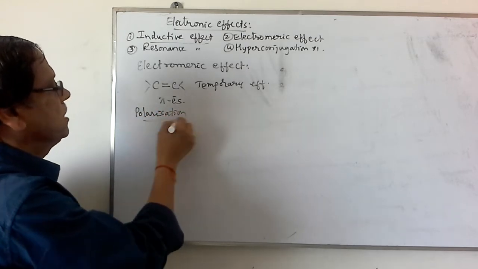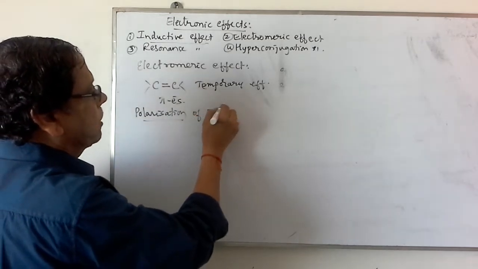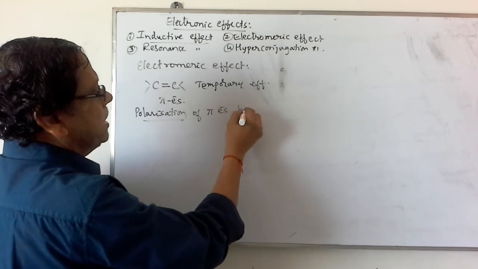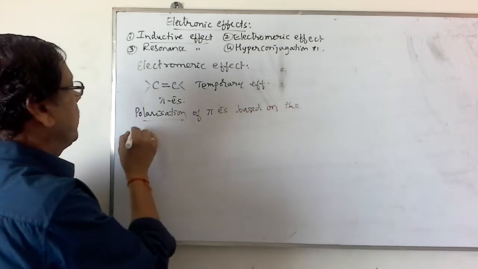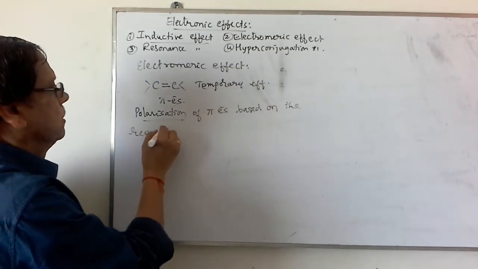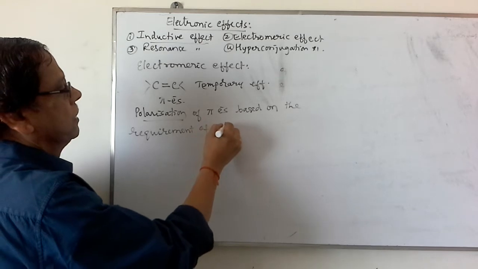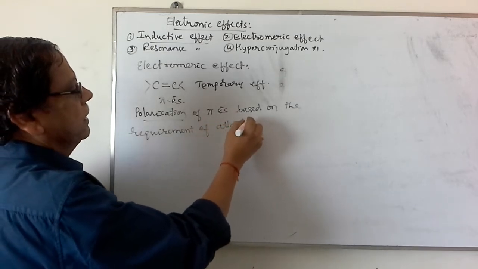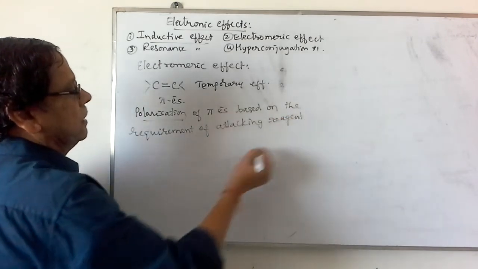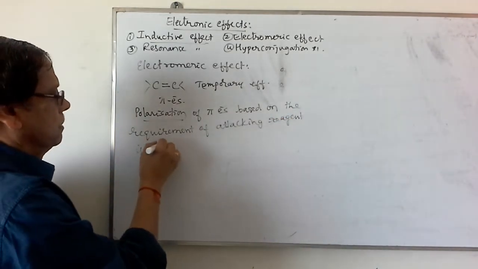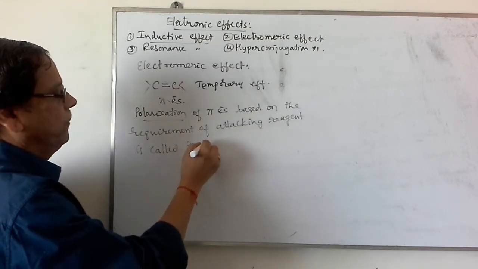We can also call it displacement of pi electrons, based on the requirement of the attacking reagent. This is called the electromeric effect, E effect.